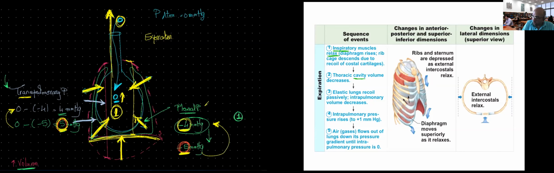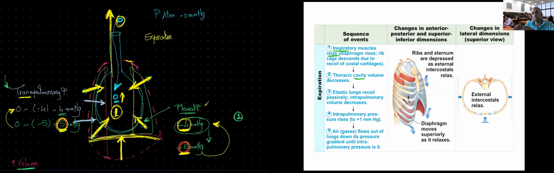Reduction in the volume of the thoracic cavity is going to increase the intrapleural pressure. So rather than being -5, it increases to become -4 another time. This increase in the intrapleural pressure is going to result in a reduction in the transpulmonary pressure, the effective pressure that keeps my lungs inflated.